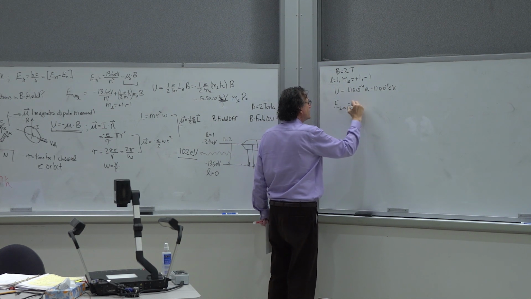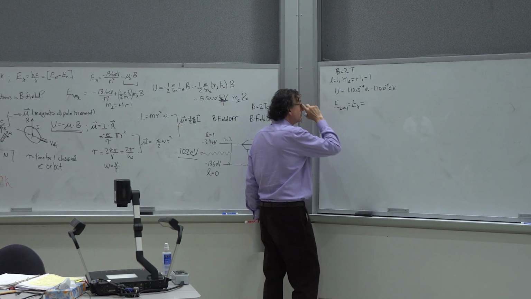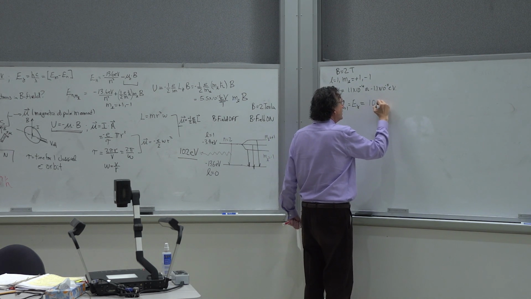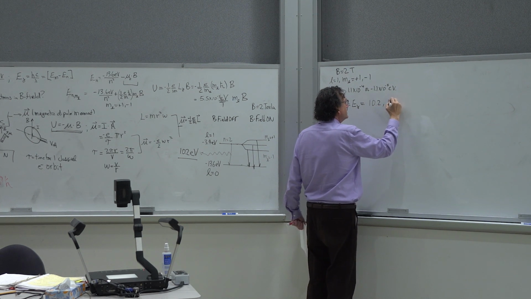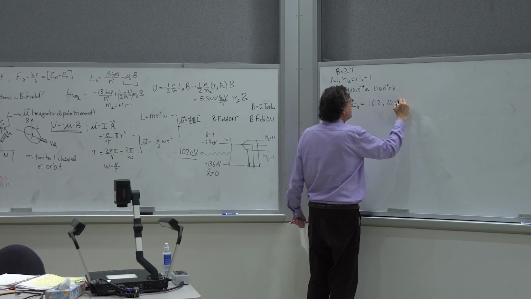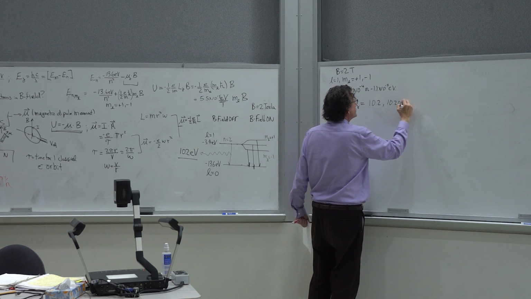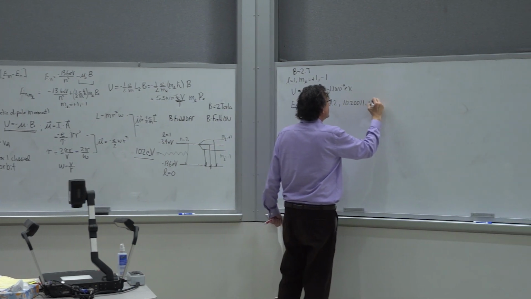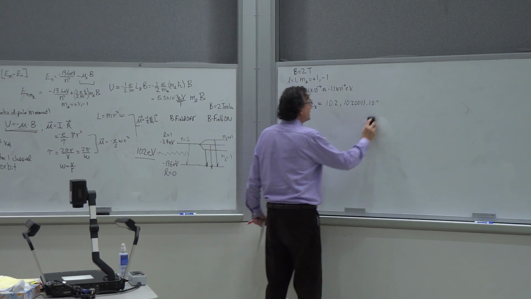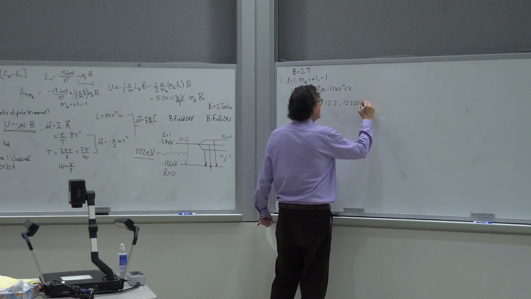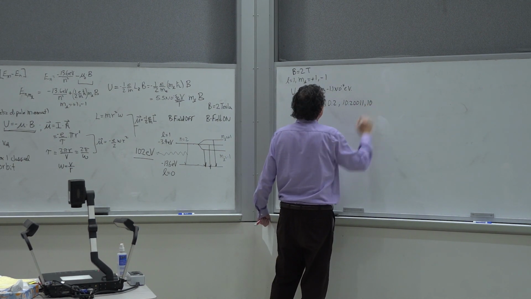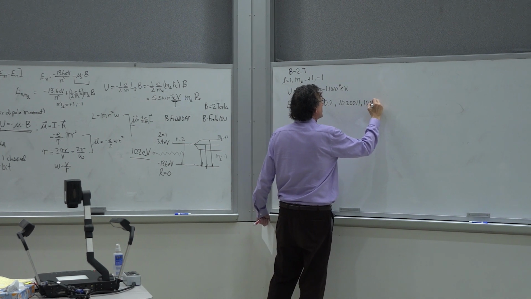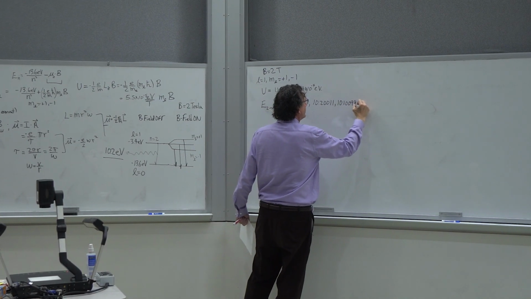So the photon energy, gamma, is going to be equal to 10.2, and then there will be 10.2 plus 1.1 times 10 to the minus 4, and then I'm going to subtract, so I'll get 10.199.9 eV, right?